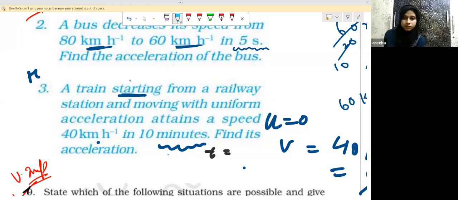Yeah, I think I got the answer. Write it in chat. 1.28? Write in chat. Okay.